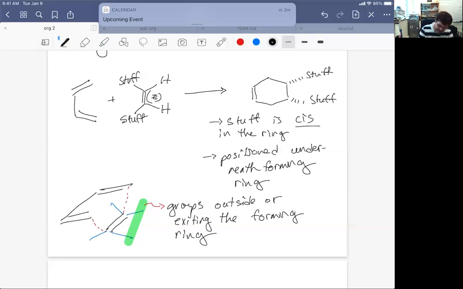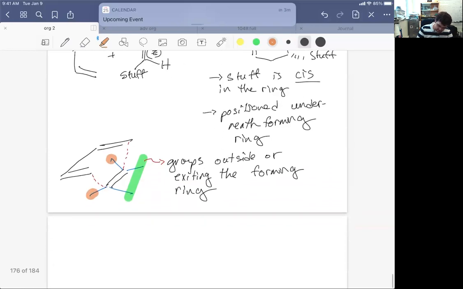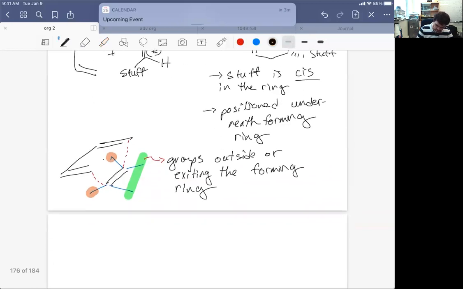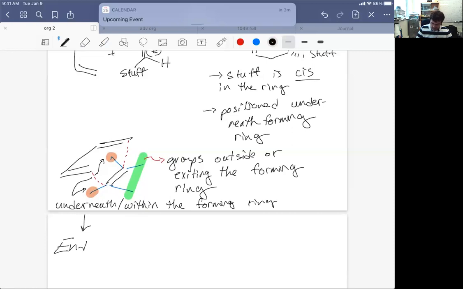That's in contrast to the other groups that I'll highlight in red. These red groups are underneath the forming ring or within the forming ring. Okay, it's these groups that are underneath or within the forming ring. These are called our endo groups.